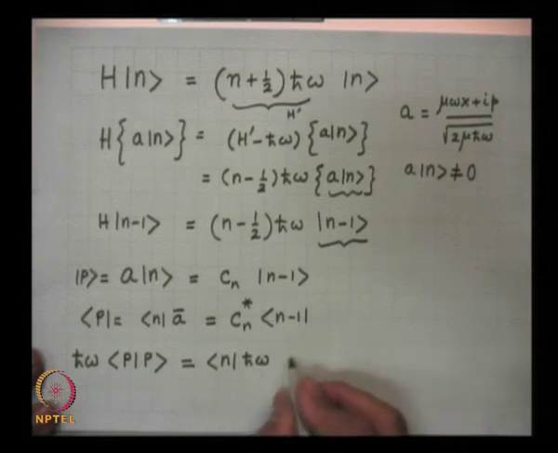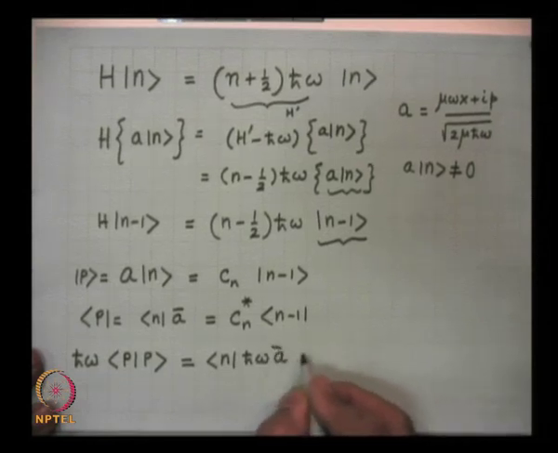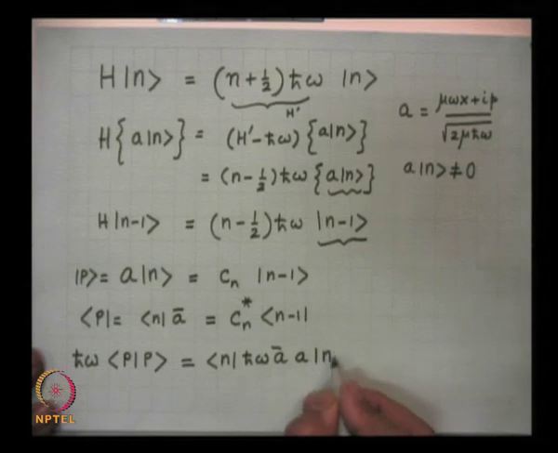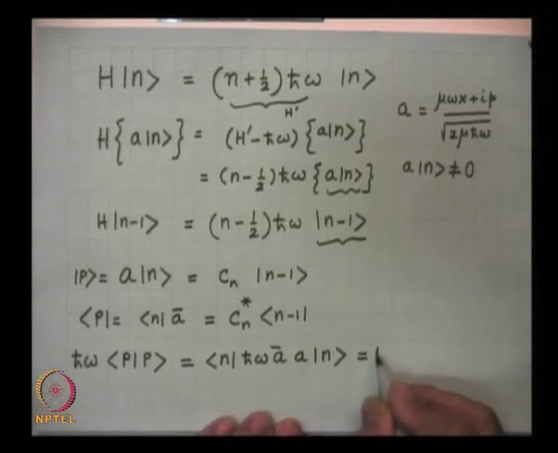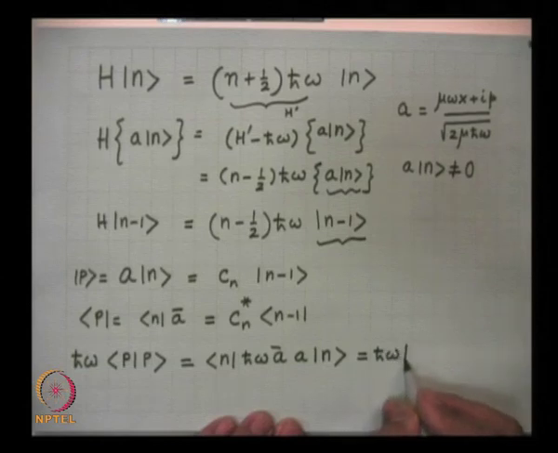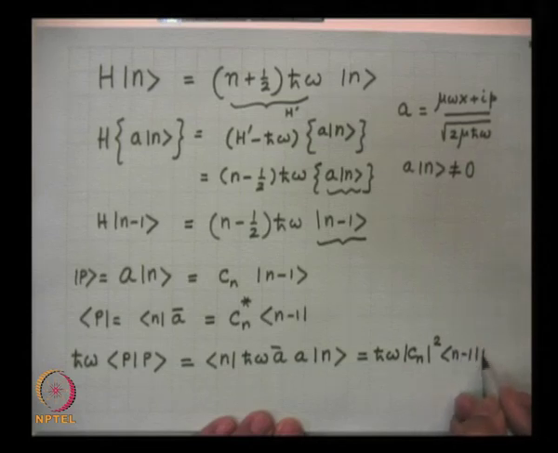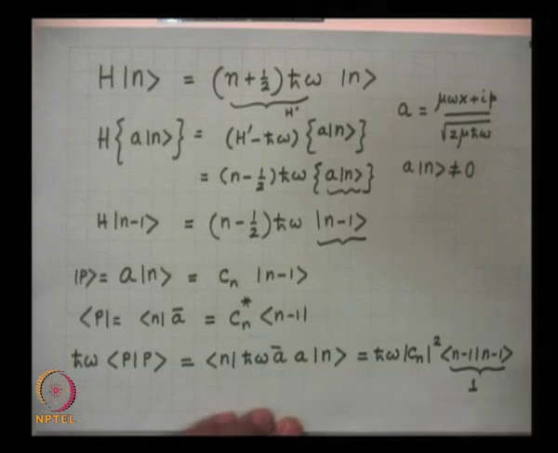So, I can put it anywhere I feel like, a bar a ket n, and on my right hand side will be h cross omega mod C n square bra n minus 1 ket n minus 1, but since they are normalized, this is equal to 1.